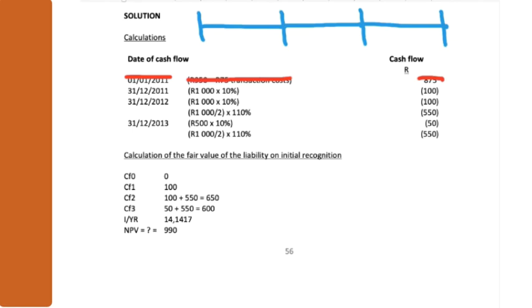In 2012, there will be interest again, and then on 31 December at the end of 2012, we have our first maturity payment. In 2013, there will be interest again, and at the end of the year, that will be our last maturity payment, the second maturity payment on 31 December.